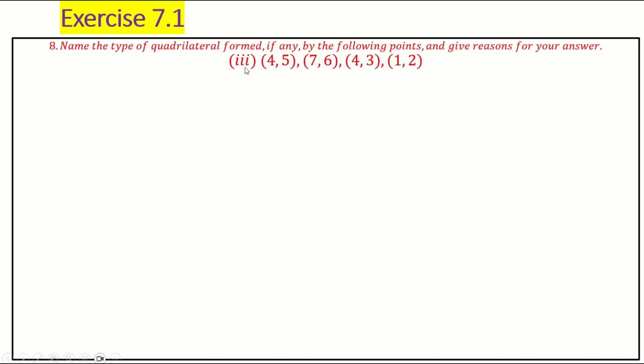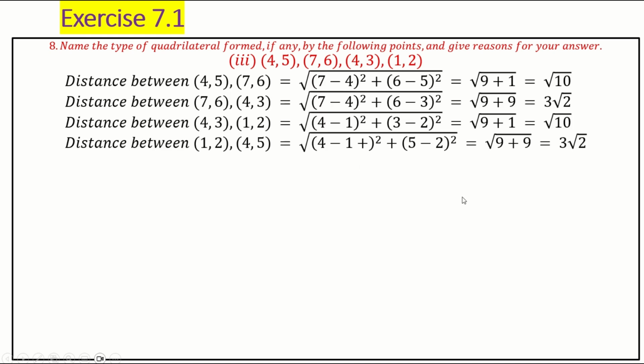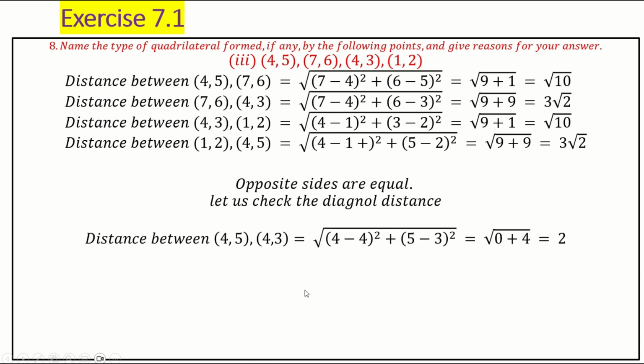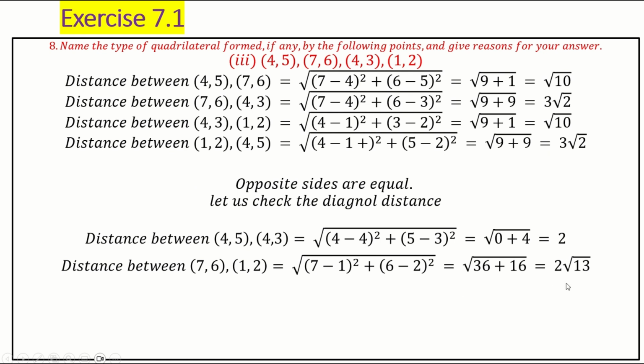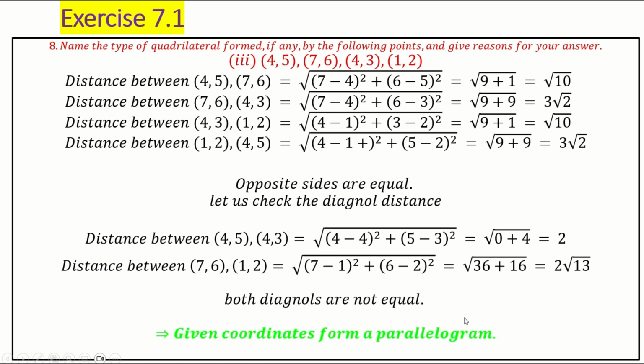This is the beauty of coordinate geometry, or maybe further it will go into geometry. Another 4 points are given. The distance I found is again that alternate sides are the same. And I'm finding the diagonals. The diagonals are different, which means again it is a parallelogram.